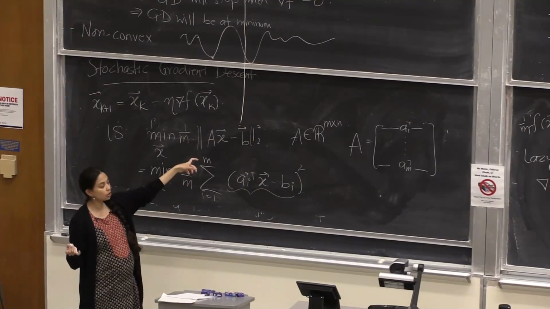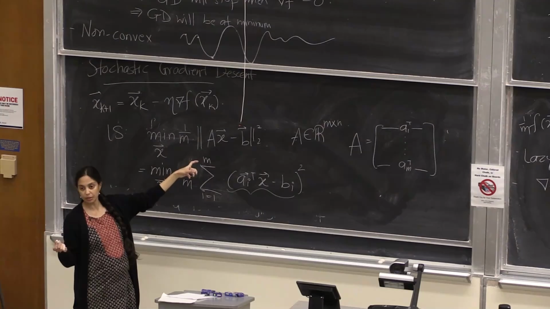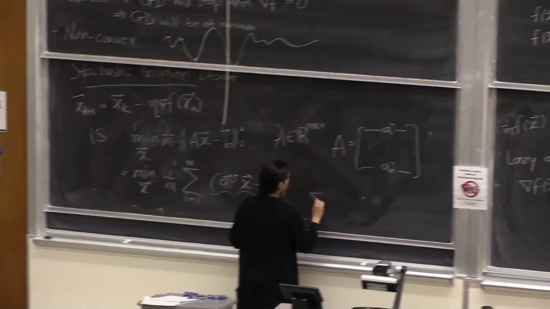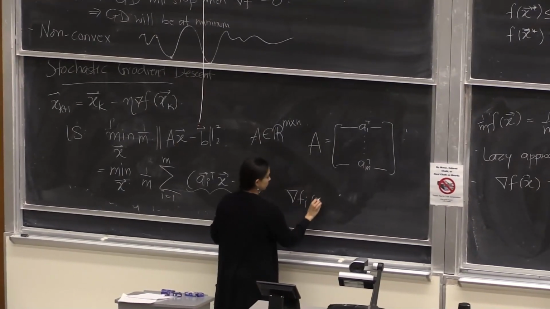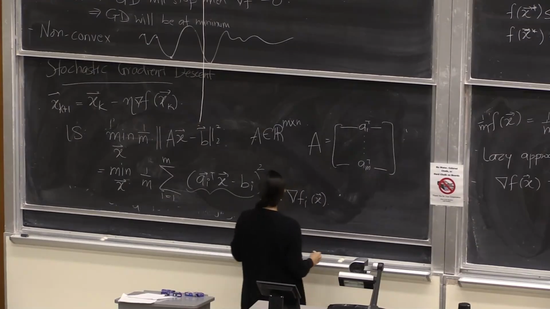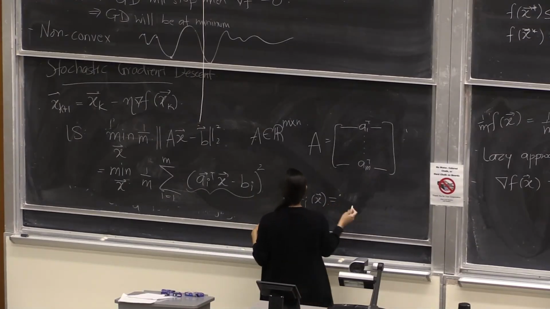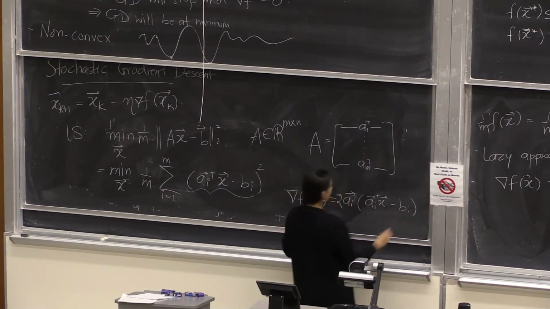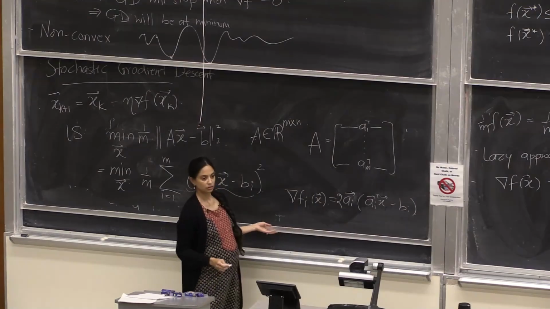So the whole gradient here requires me to do a multiplication by an A transpose, right? But here, what is the gradient of f_i of x? Right? This is just equal to a_i, or 2a_i, times (a_i transpose x minus b_i). Right?